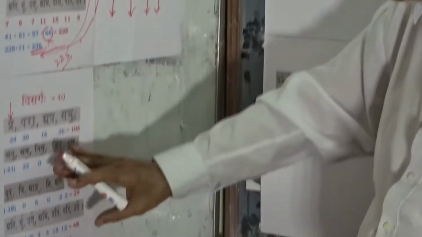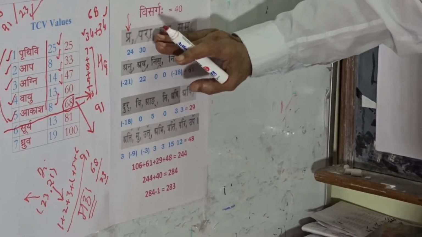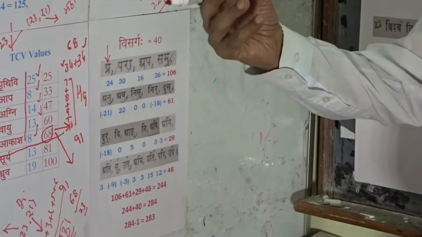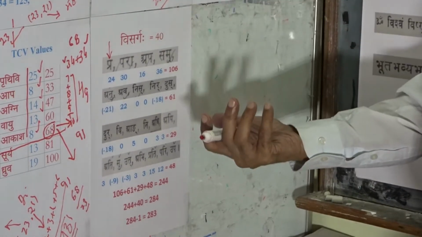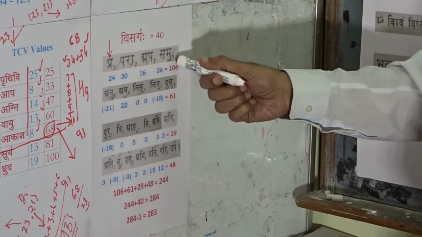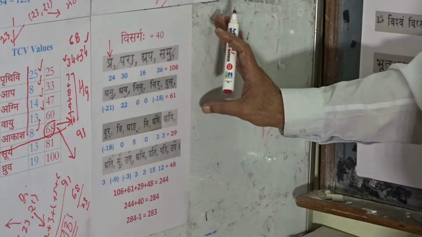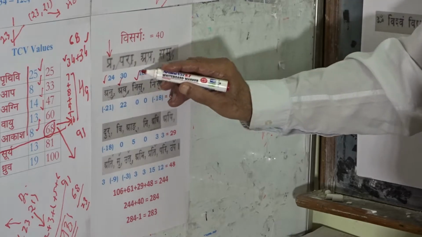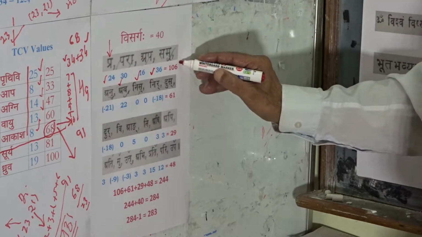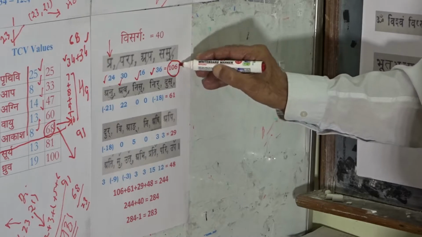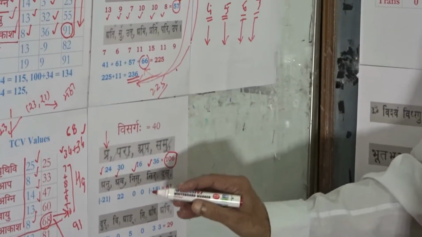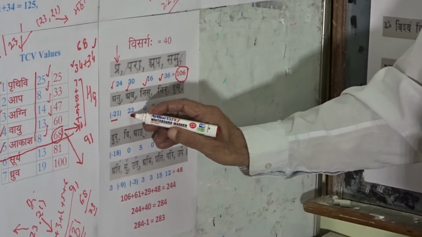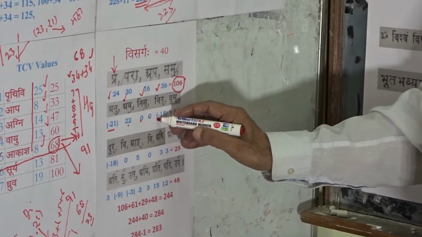When we reach this value of a transcendence of Akash Tattva, the fifth element, transcendental content through the dimensional frames, through the vowels of these formulations, then we'll see that sequentially we shall be reaching values 24, 30, 16 and 36, equal to value 106 for the first fold. At the next step we will be reaching values minus 21, 22, 0, 0 and minus 18.